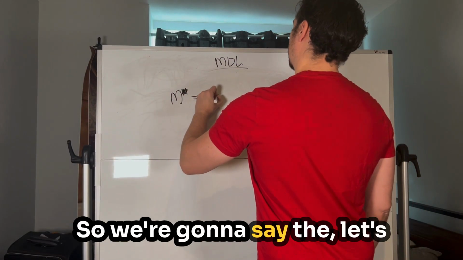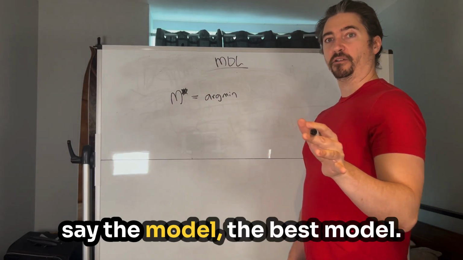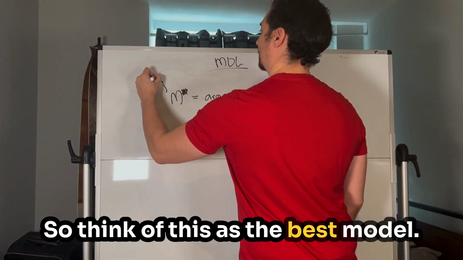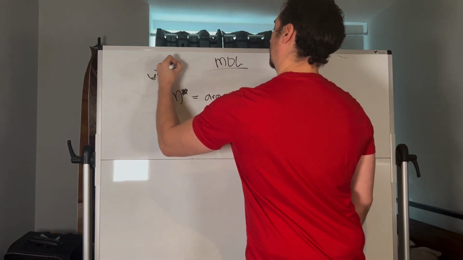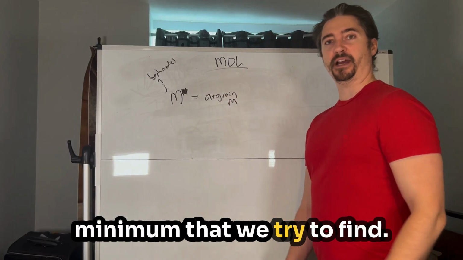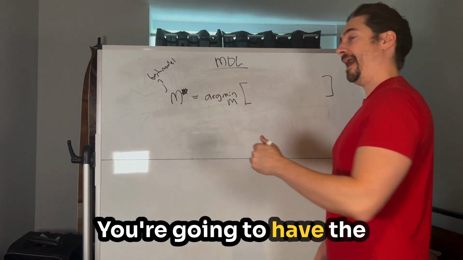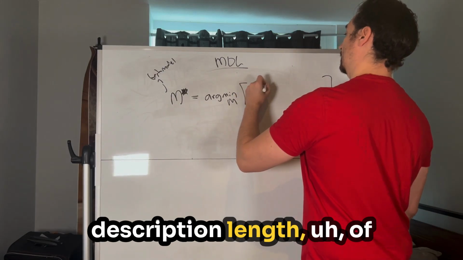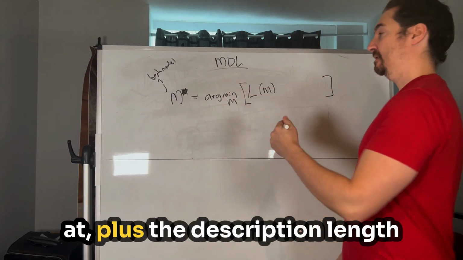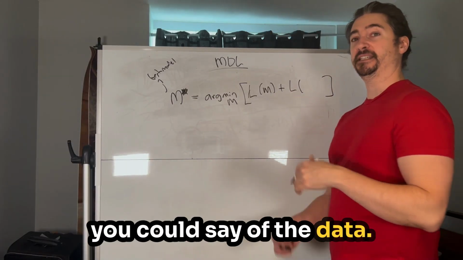So let's say the best model is going to be the minimum that we try to find. And then we're going to get these description lengths in here. You're going to have the description length of whatever model you're looking at, plus the description length of the data given the model.